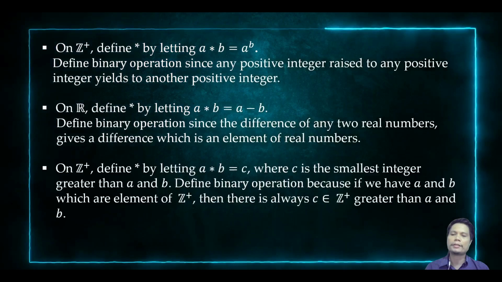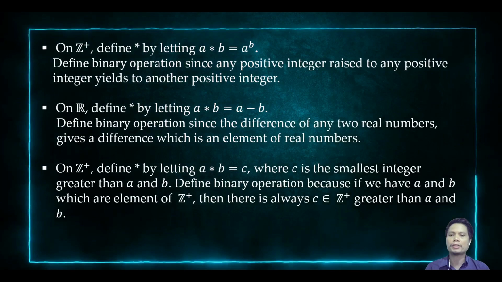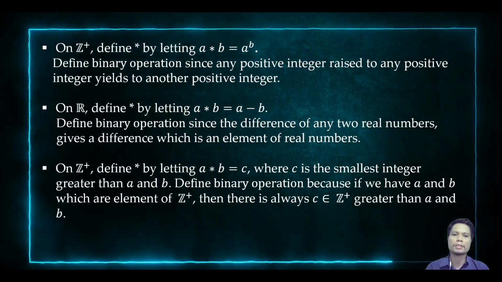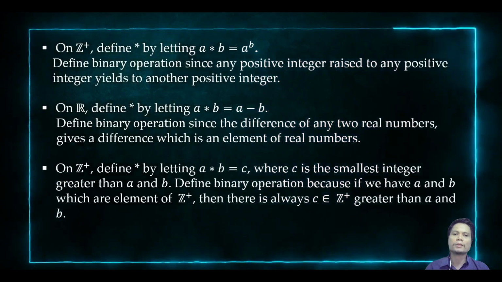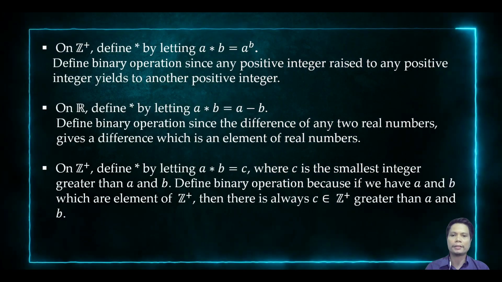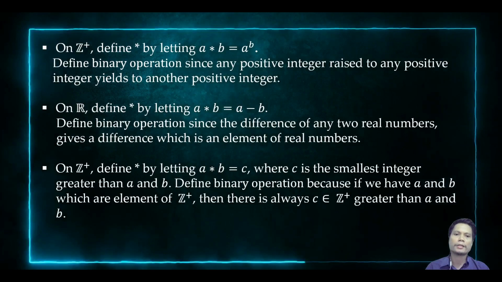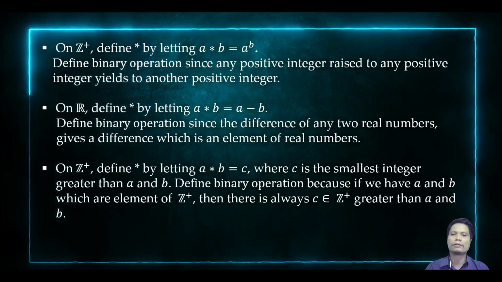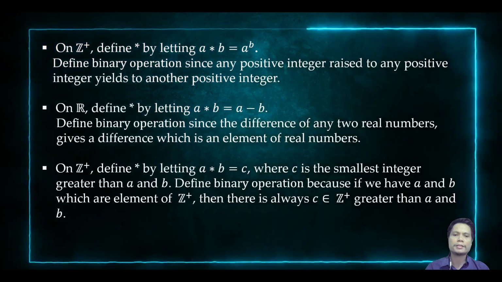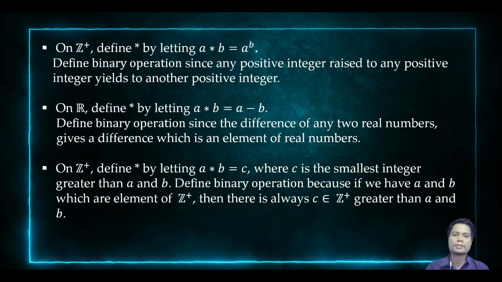On the set of positive integers, define binary operation by letting a binary operation b is equal to c, where c is the smallest integer greater than a and b. This is a defined binary operation because if we have a and b, which are elements of positive integers, then there is always c, an element of positive integers greater than a and b.